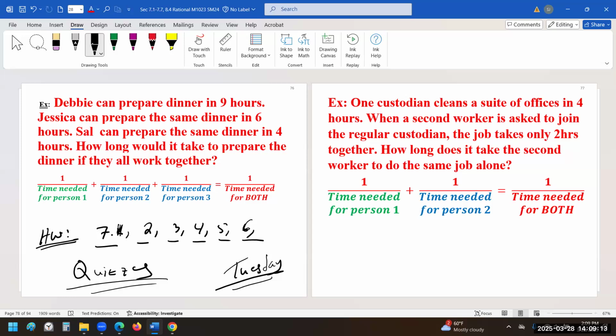Remember, 2 is for 2. Exactly, 2 is for 2 in that exam. Got it?